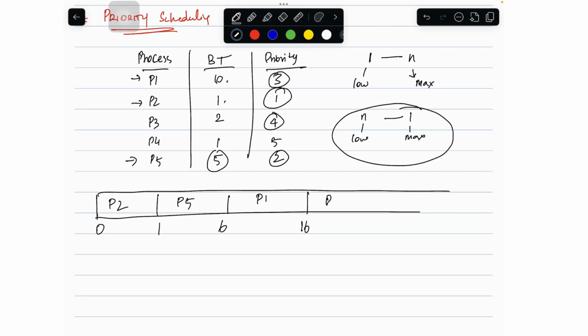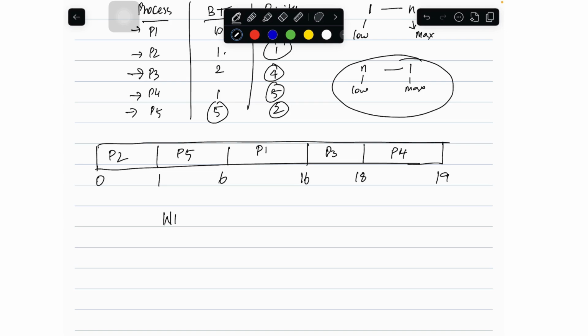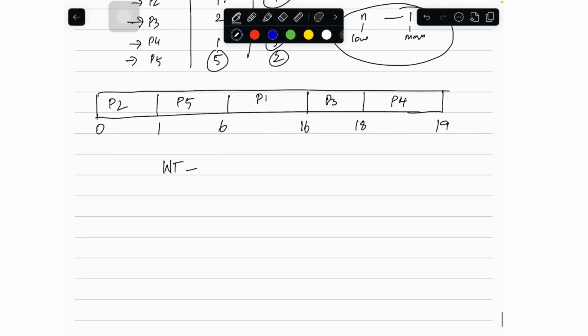And then we have process 3, ending at 18, and process 4, ending at 19. So the average waiting time is just normal calculation which we did before, which is 8.2 milliseconds.